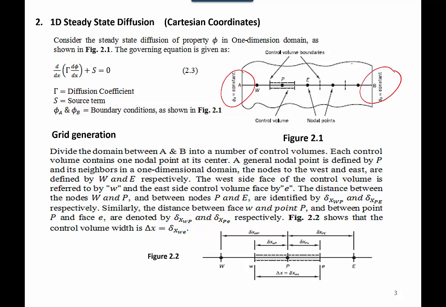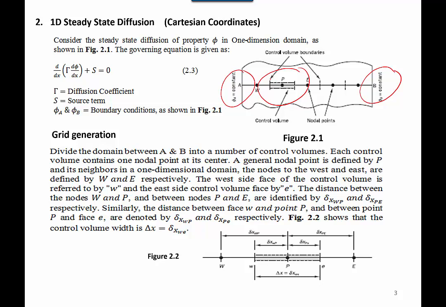This is point A and this is point B, dividing the domain between these two points into a number of control volumes. Each control volume has one nodal point at its center, which is represented by a capital letter P. And there are two control volumes neighboring this control volume.